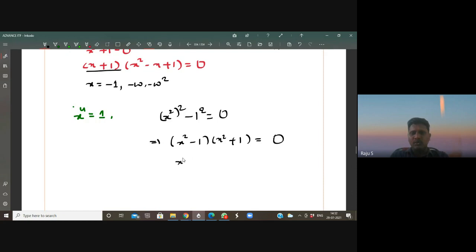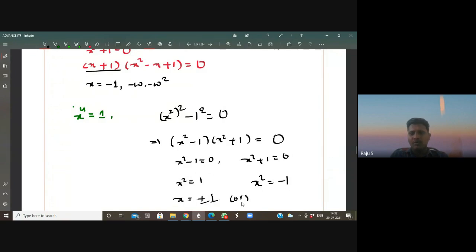So x square minus 1 is equal to 0 and x square plus 1 is equal to 0. X square is equal to plus 1, x square is equal to minus 1, and x is equal to plus or minus 1.